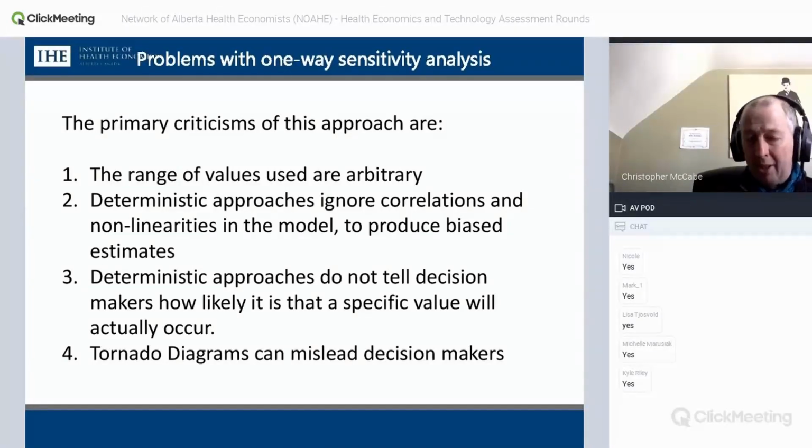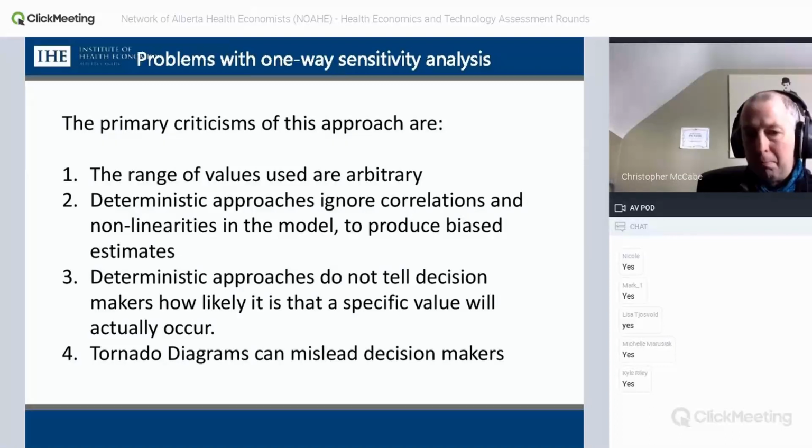It's the analyst's judgment about what will be a reasonable range to demonstrate the sensitivity of the outputs to a change in the inputs. But it's not really the sensitivity of the outputs that we're interested in. It's the sensitivity of the decision, or the indicated decision, to changes in the value of that parameter that we're interested in.